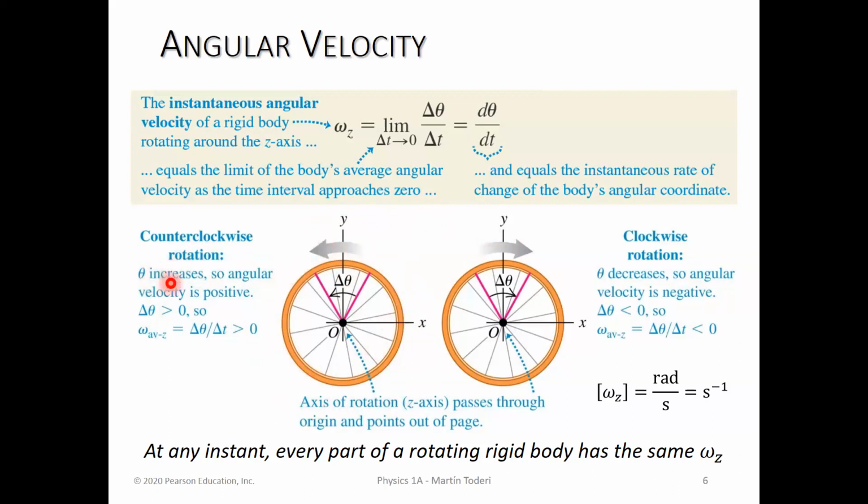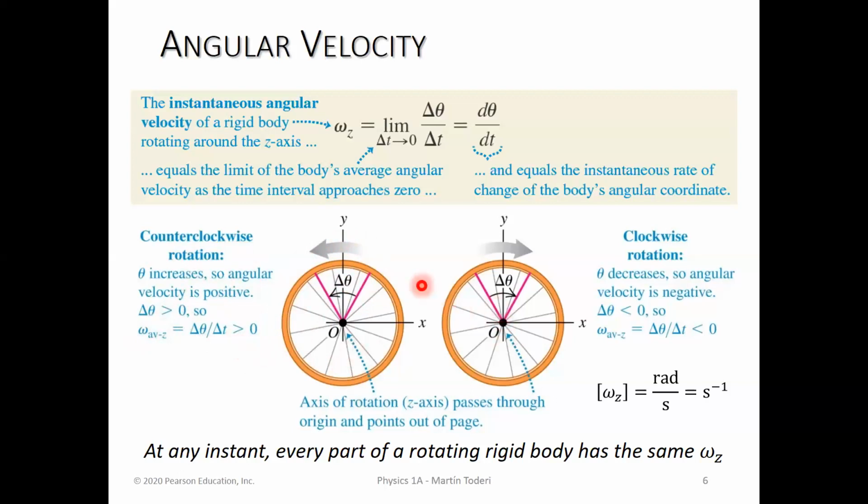So this theta will increase, because we always bear in mind that theta is taken from the axis x in the direction of spanning toward the axis y. So our positive variation of the angle theta will be if this is going to the left, so counterclockwise, meaning that the average angular velocity will be positive.